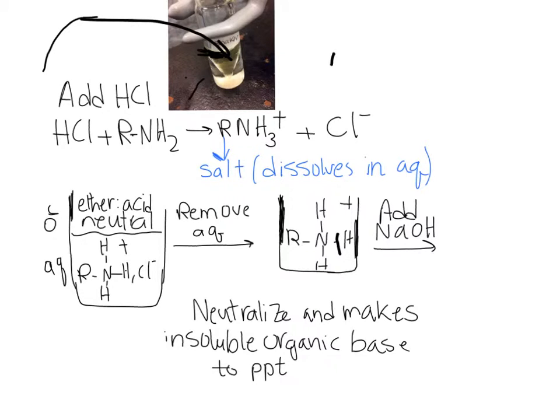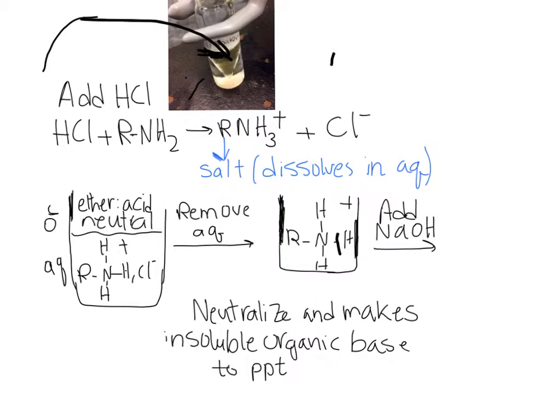And then here we added HCl to our solution. So once we added HCl, it will react with our base. And then, as we know, base and acid give us a neutral and a salt. In this case, it gives an ionic compound, which is R group NH3.